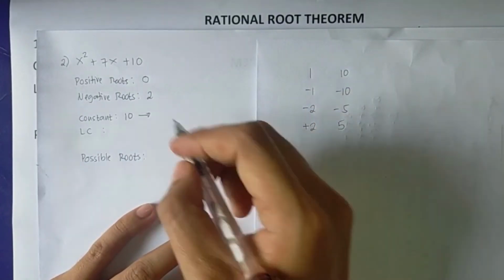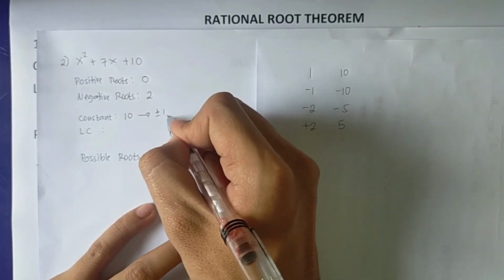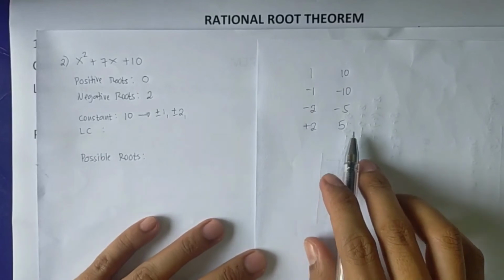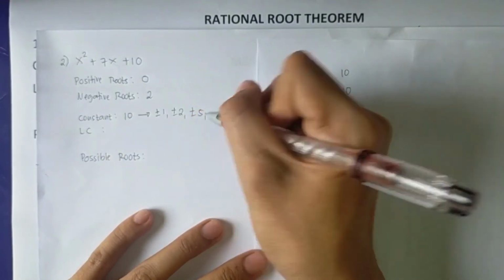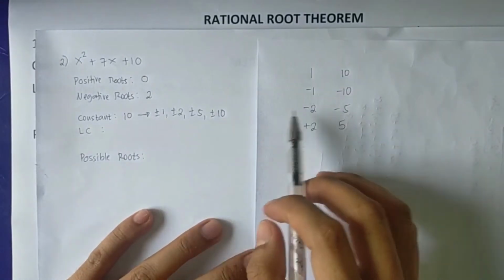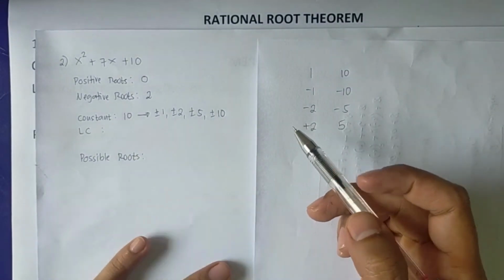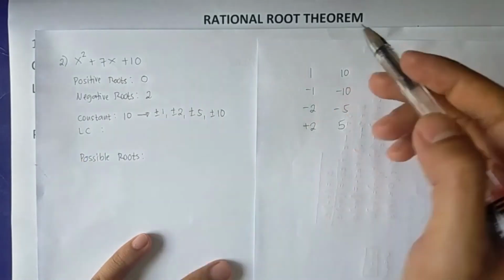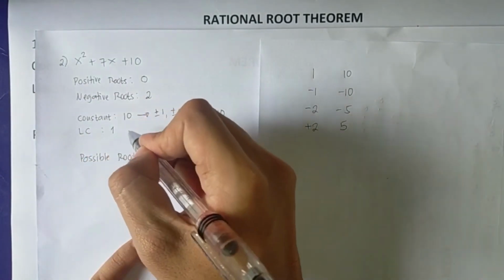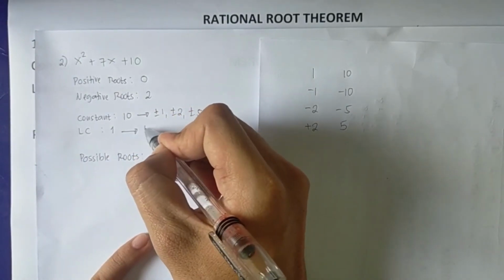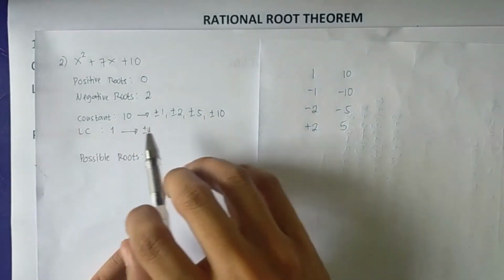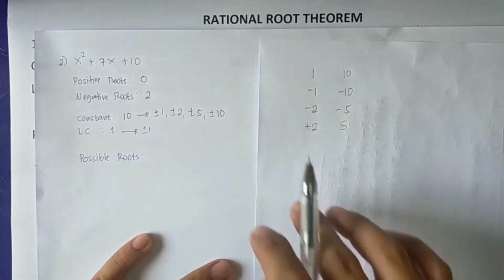So there is positive negative 1, positive negative 2, positive negative 5 and positive negative 10. These are the factors of 10. How about the factors of the leading coefficient? What is the leading coefficient here? We have 1. Factors of 1, we have positive negative 1, because 1 times 1 is 1, and negative 1 times negative 1 is 1.